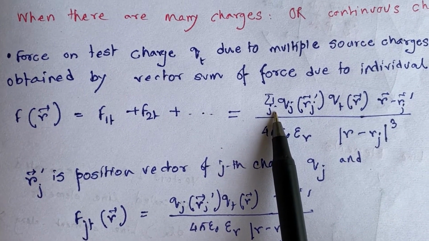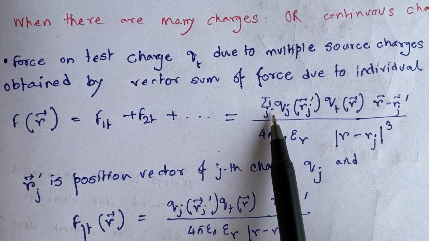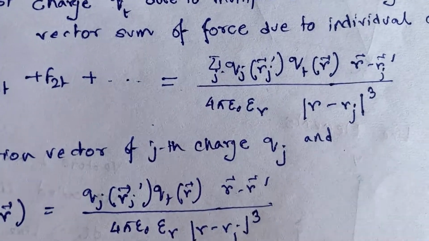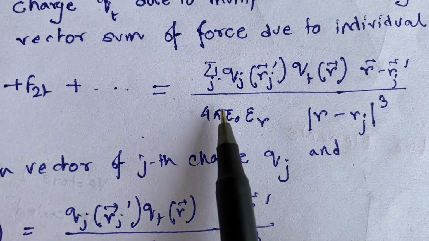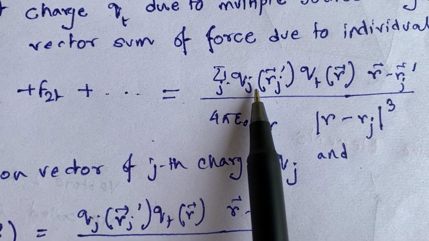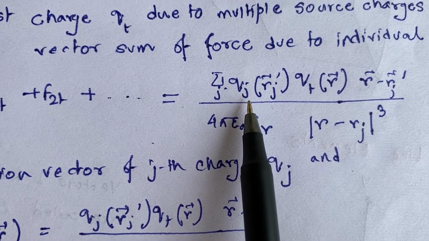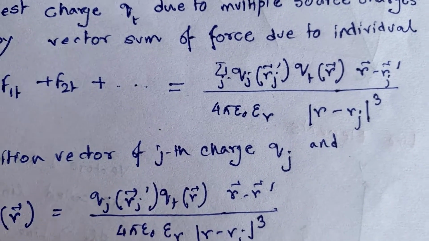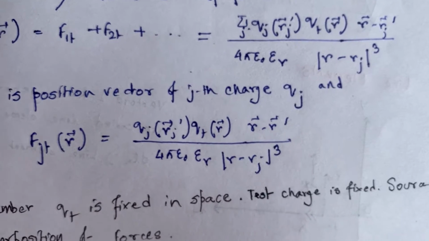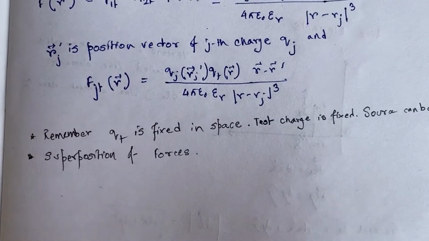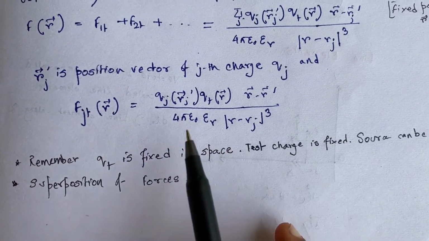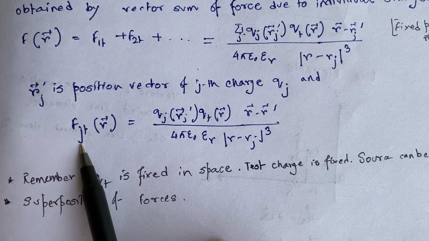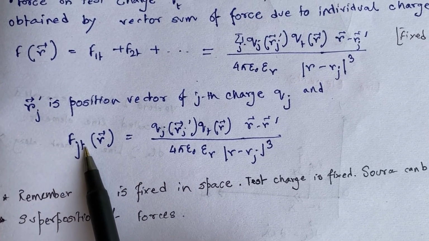This j can run from 1 to n, but as the summation sign is here, we must take into account the fact that the charge distribution is discrete. If there is an integration sign, then the charge distribution must be continuous. This is a sample: the Coulomb force between the jth source charge and the test charge Qt.